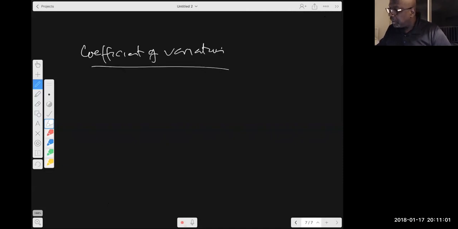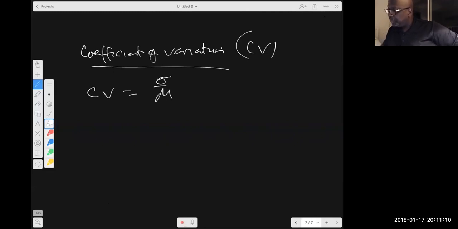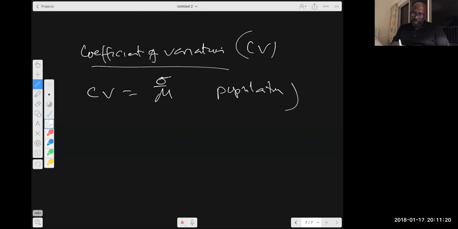The coefficient of variation is a relative measure, and we use CV to represent it. CV for a population is sigma over mu, if we had the population. But for a sample, CV is equal to S, which is the sample standard deviation, over X bar, which is the sample mean.